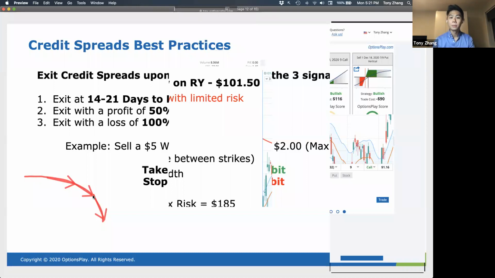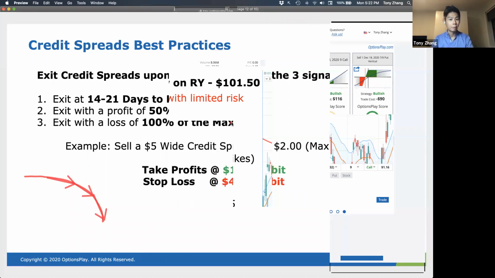That crossover happens between 14 and 21 days, where yes, you're getting an acceleration in theta, but your gamma risk is rising at an even higher pace. So you want to make sure that you cut your trade at about 14 to 21 days, because the gamma risk starts to outweigh the acceleration you're getting from theta decay.